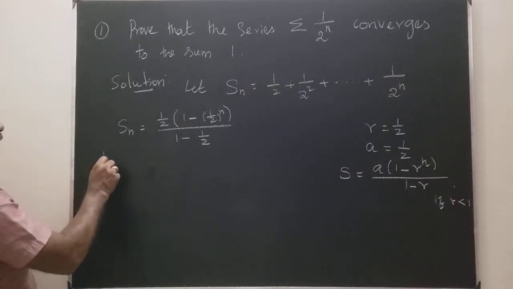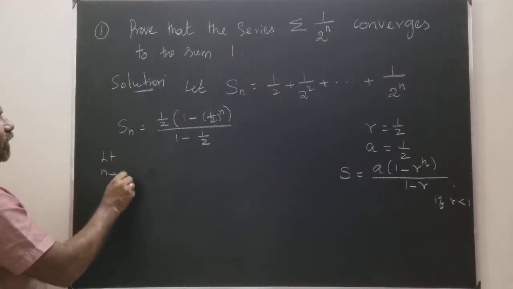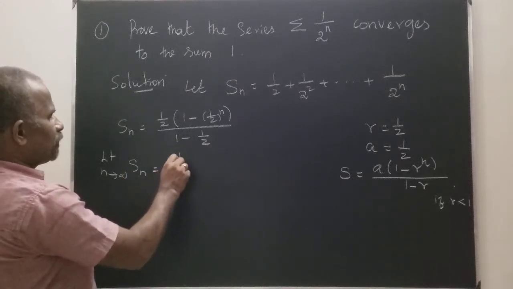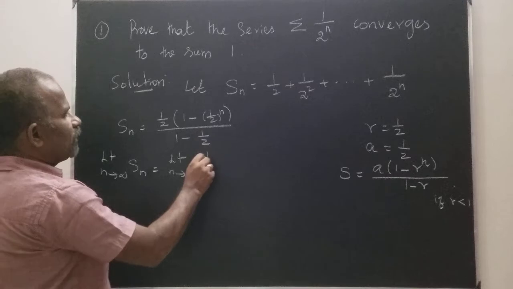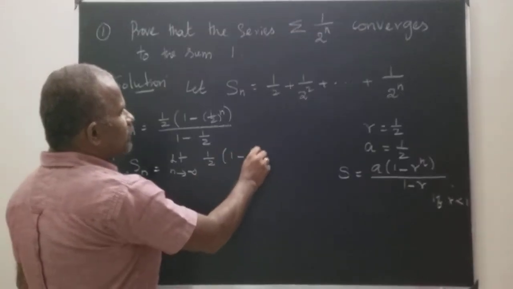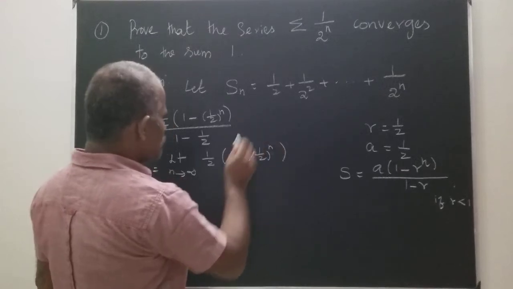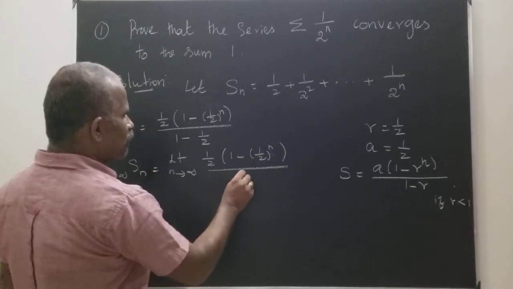So limit n tends to infinity Sn is equal to limit n tends to infinity 1 by 2 into 1 minus 1 by 2 power n, divided by 1 minus half, which is half.